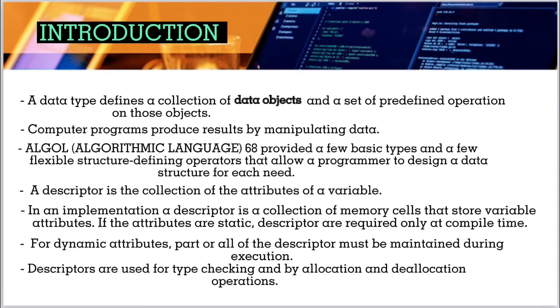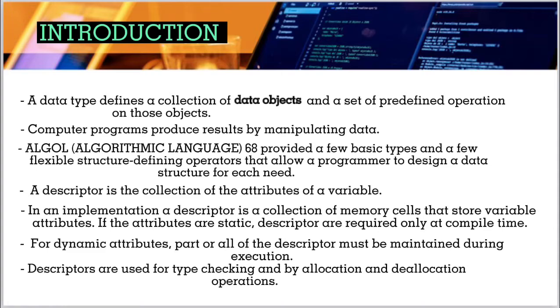So, a data type has a descriptor. It collects the attributes of a variable. In an implementation, a descriptor is a collection of memory cells that store variable attributes. If the attributes are static, that means it contains the same value for each object. The descriptors are required only at compile time.